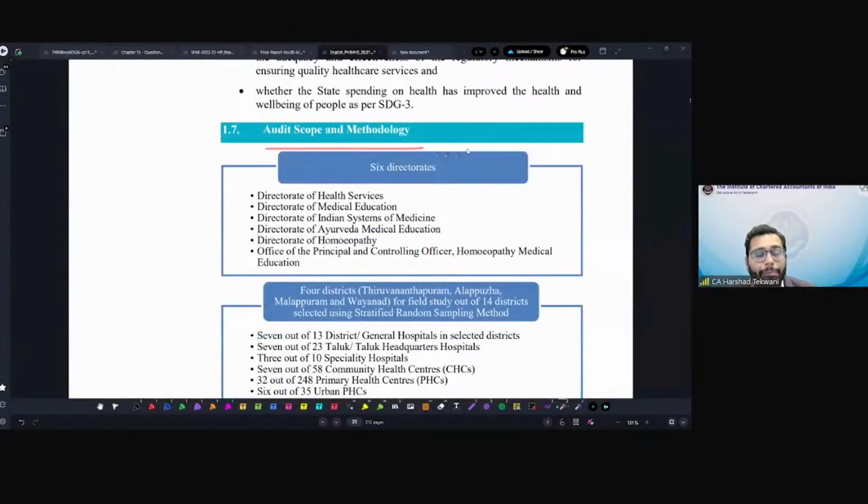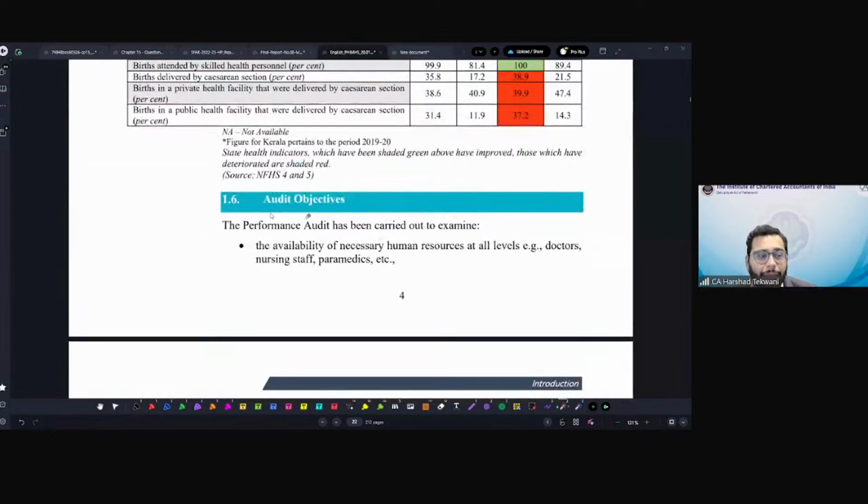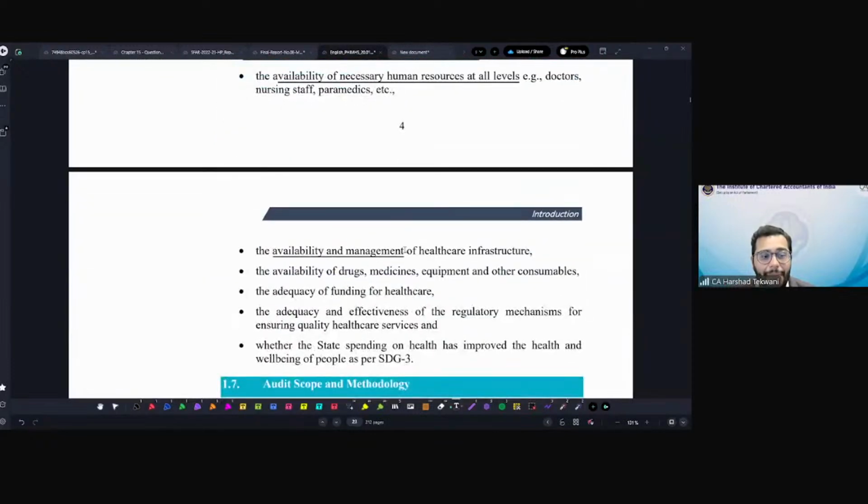Audit scope and methodology, very important part. This is something in audit objectives. This is the important part that we need to understand. Okay, what is the objective? The performance audit has been carried out to examine availability of the necessary human resource at all levels, availability of the management, availability of the medicines, adequacy of the funding, adequacy of the effectiveness of the regulatory mechanisms, and whether the state spending on health has improved.